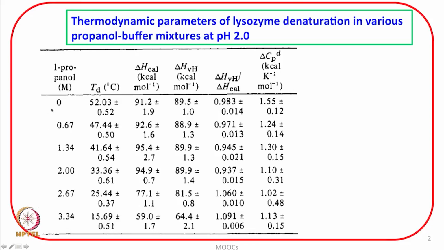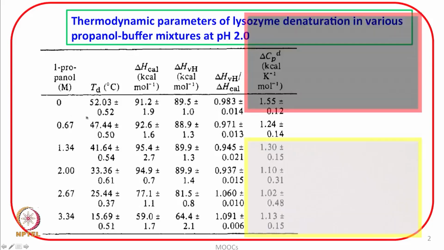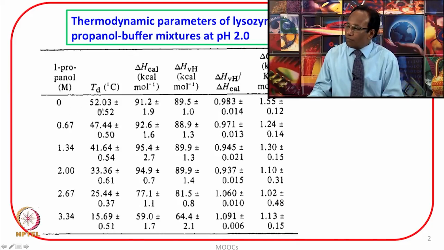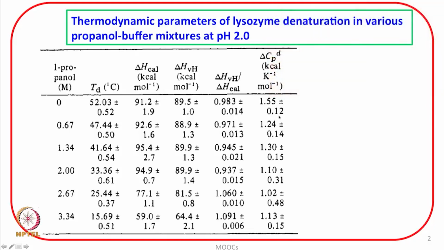So, in the absence of propanol, the transition temperature of lysozyme is 52 degrees Celsius, associated with a calorimetric enthalpy of 91.2 kilocalorie per mole, a Van 't Hoff enthalpy of 89.5 kilocalorie per mole, and delta Cp of 1.55 kilocalorie per mole.